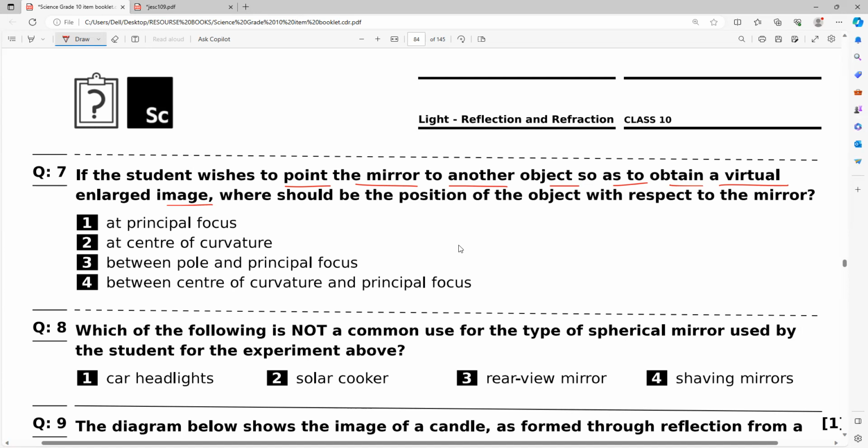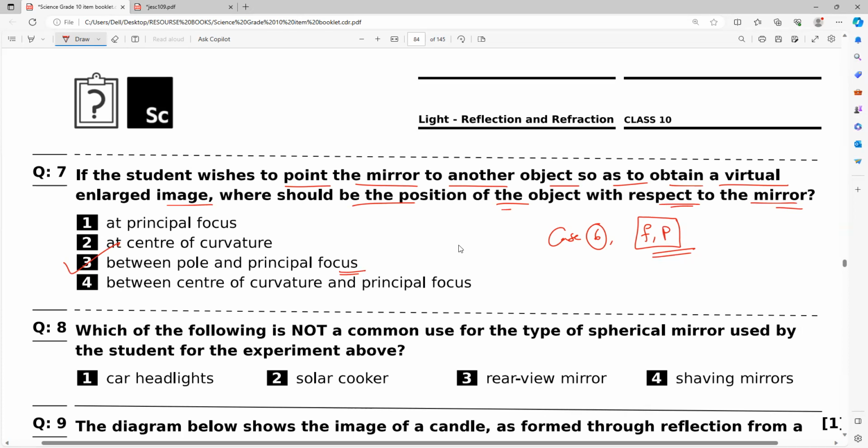Case number 6: the object between the pole and the principal focus. So option number 3 is where the object should be placed, between the pole and principal focus.